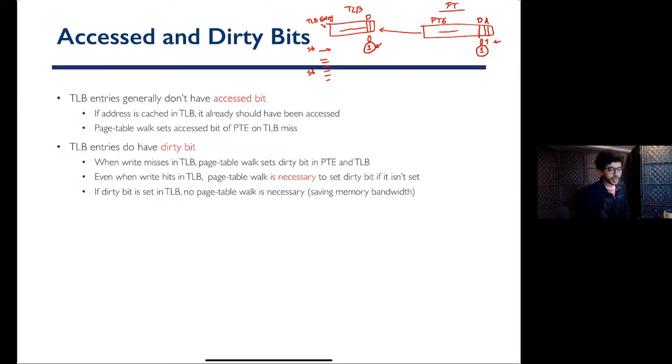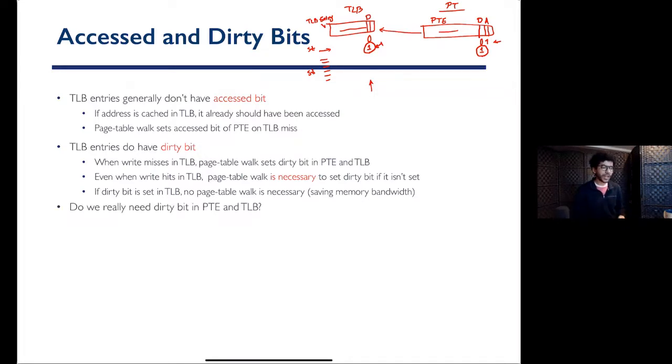So having this bit here helps us to avoid going to the page table frequently, because we already know that we have done it. So that's why it's better to have this dirty bit in the TLB. With access, it's not needed, because if I have it in my TLB, it means that I have already accessed it. So the bit is already set, so there is no usage for this bit.